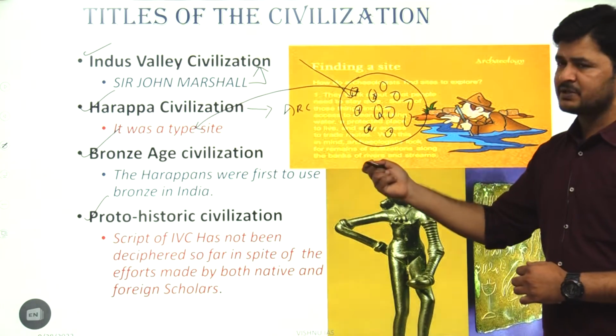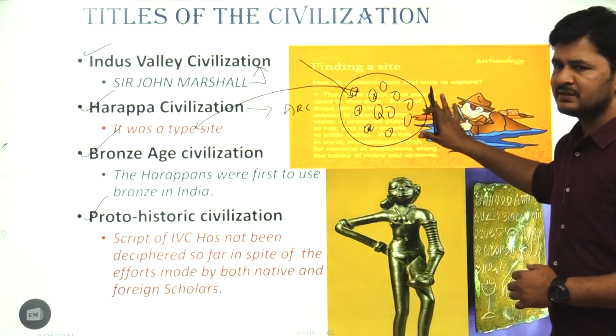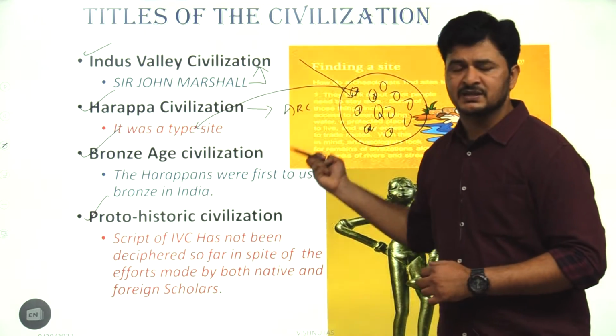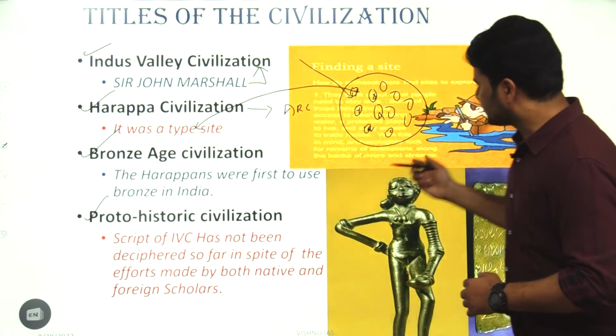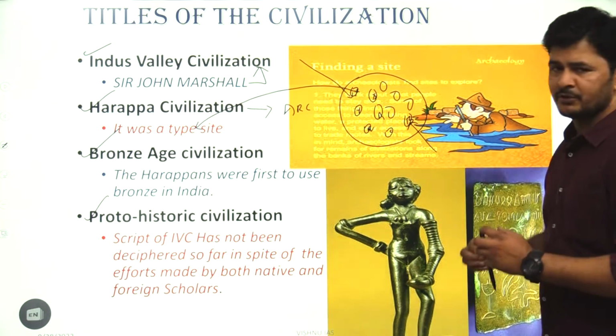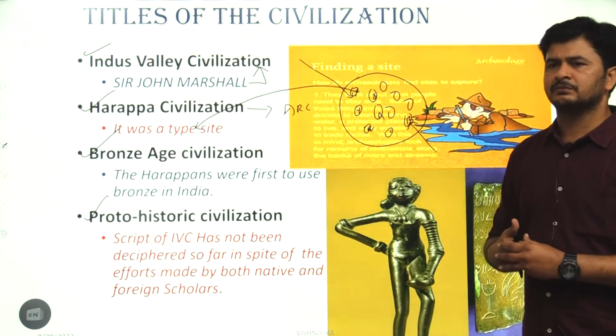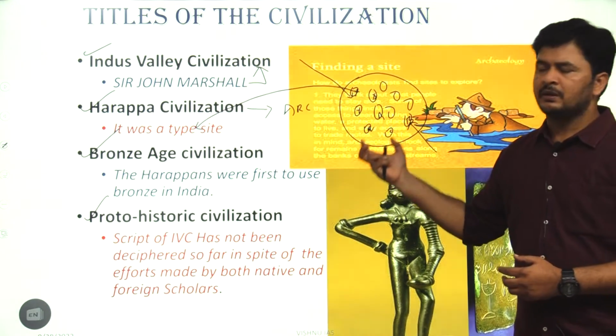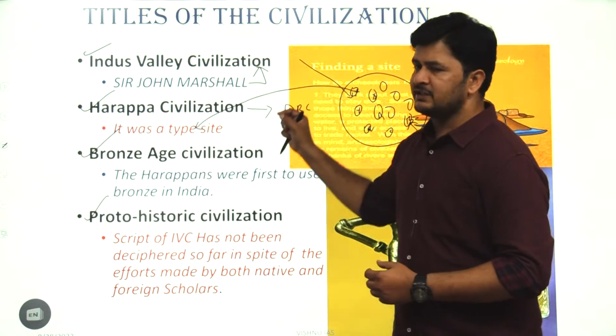Based on this type site, the entire civilization is named X civilization, because of the X site. If they start with B site, I'm talking about the first site to be discovered, they named it as a type, so B civilization.